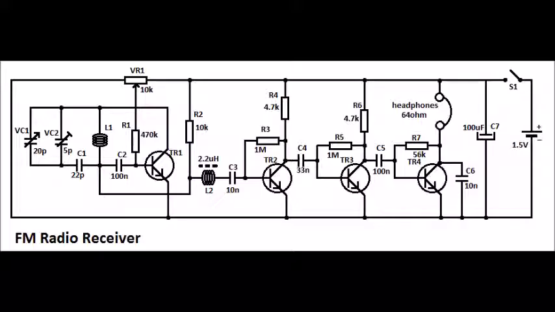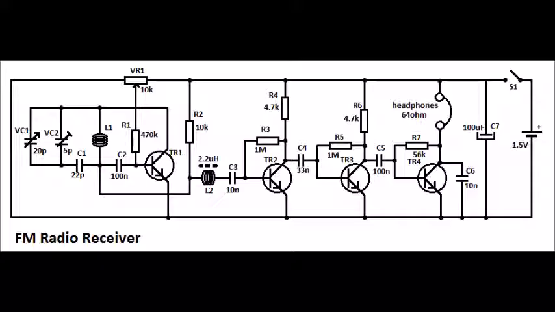Now the signal that we get from the antenna and the signal from the local oscillator both go into the mixer and get mixed into a sum and difference of both the signals. From there on, the signal goes into the intermediate frequency amplifier and filter, which in this case we've got three intermediate IF filters and amplifiers connected in series.